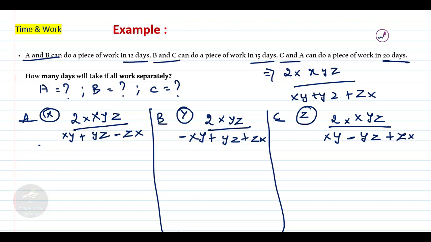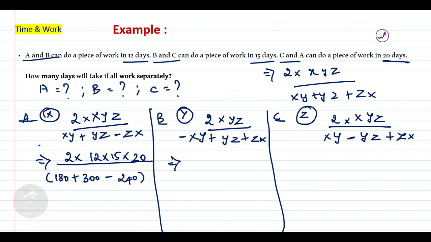Okay, now we can substitute the values over here, 2 into 12 into 15 into 20. 12 into 15, it's 180, plus y into z, 15 into 20, it's 300, and 20 into 12, it's 240, minus 240.